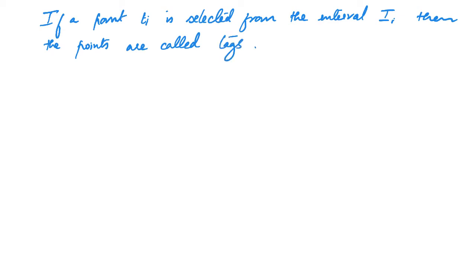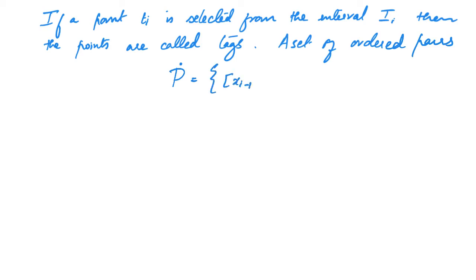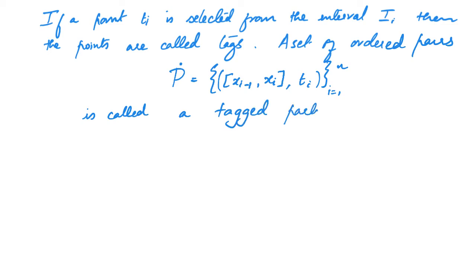And a set of ordered pairs P dot given by xi minus 1 to xi, comma ti, i going from 1 to n, is called a tagged partition of I.